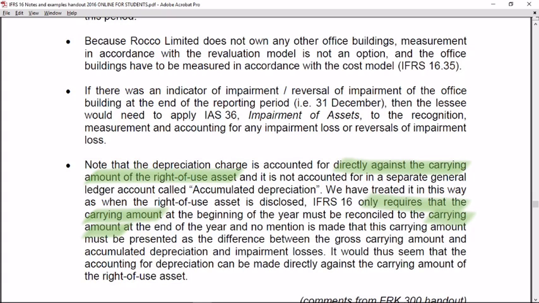No mention is made that this carrying amount must be presented as the difference between the gross carrying amount and accumulated depreciation. It would thus seem that the accounting for depreciation can be made directly against the carrying amount of the right of use asset. Please use the right of use asset account when you account for the depreciation charge for the year.